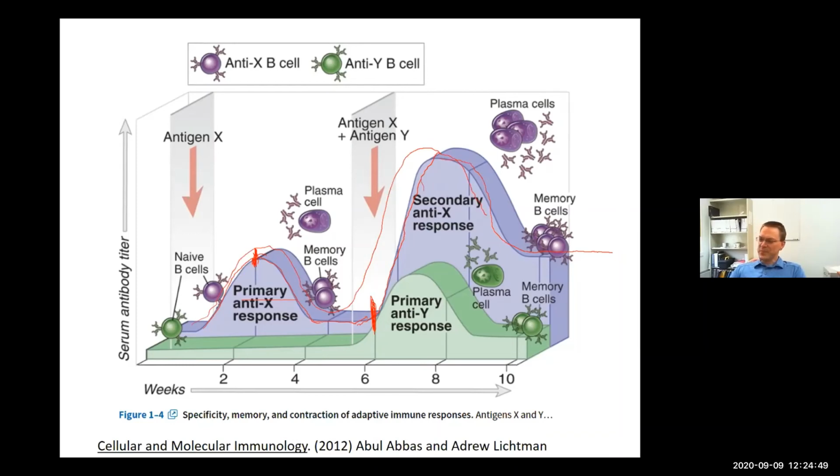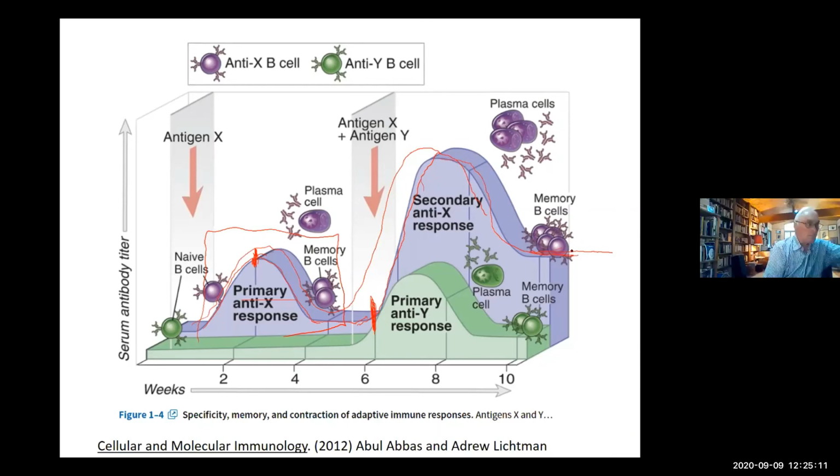So really when the vaccines come out, what we're trying to do in the first shot is get this process over with so that if you get infected after that, you can go straight into the secondary response and hopefully not have a very severe infection. And if we get booster shots, maybe you can go through both of these phases and you'll be protected from infection later on. So that's kind of the goal of any vaccine program.